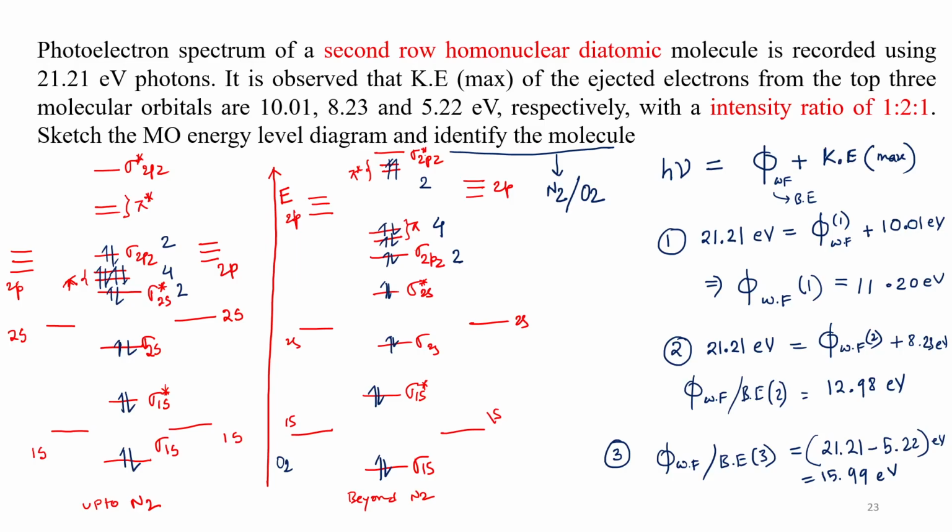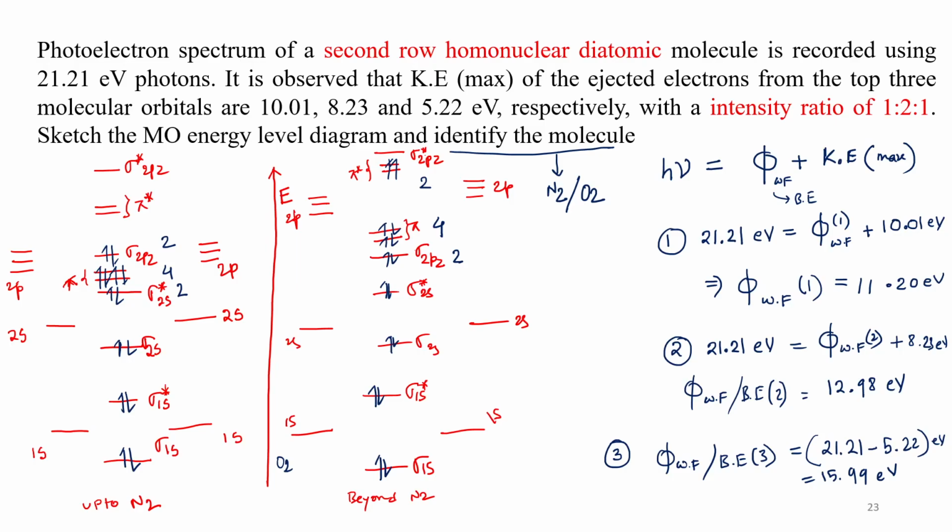If you go below, that is carbon C2, then it could be 4:2:2, right? Because your sigma 2pz won't be occupied at that time for C2. Or below that, B2 boron, then it will be paramagnetic again, right?